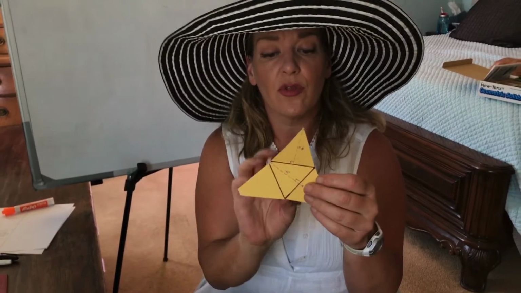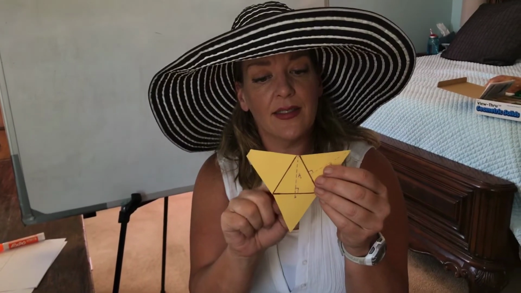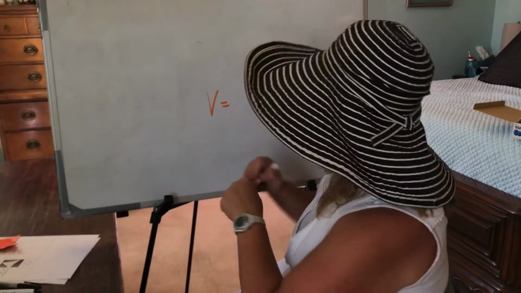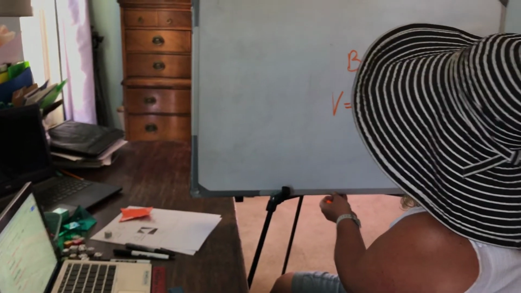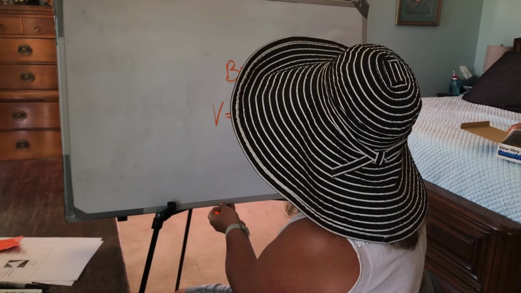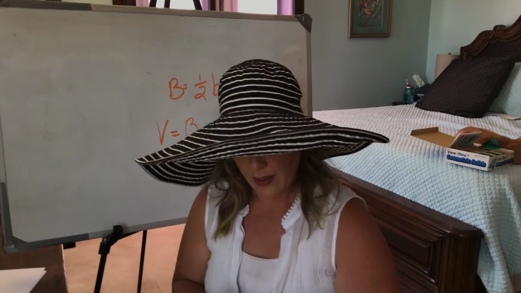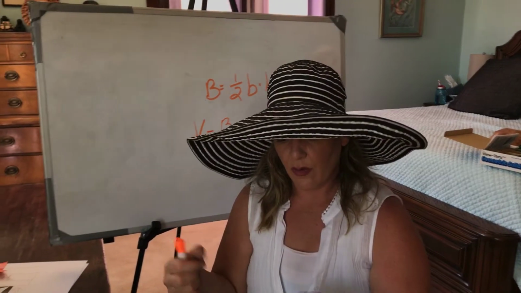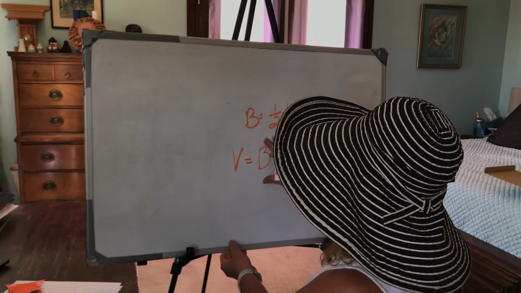So the first step is to find the area of the base, and the base is a triangle. So the area of the base, big B, is 1/2 base times height 1. Okay, so that's this triangle here. Then, in order to find the volume, we're going to take this base.